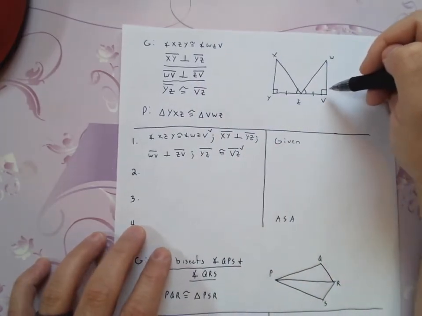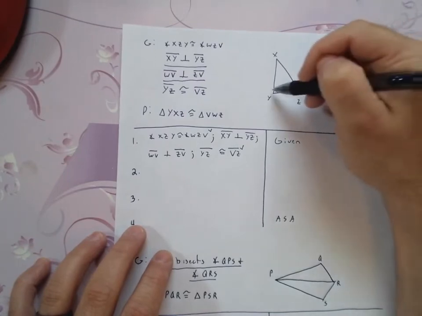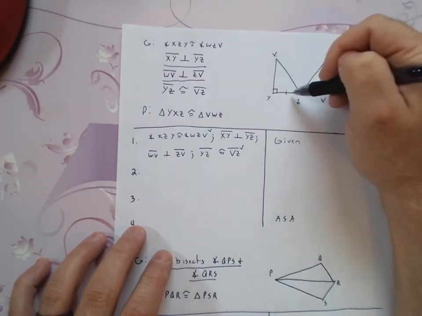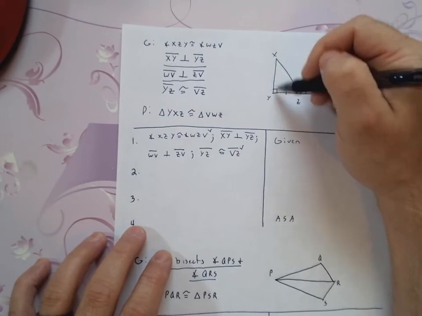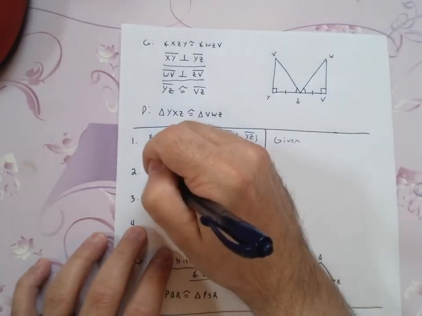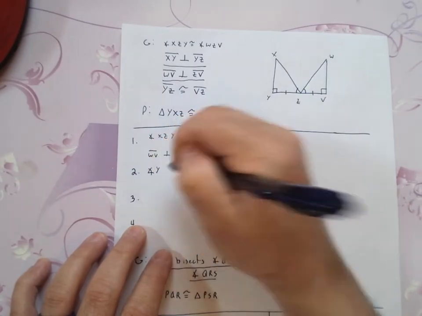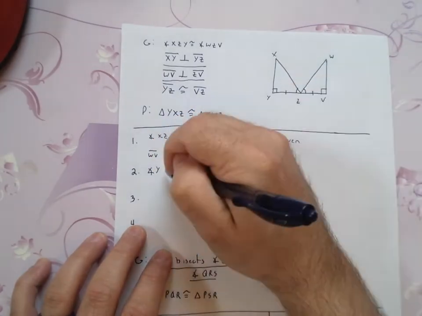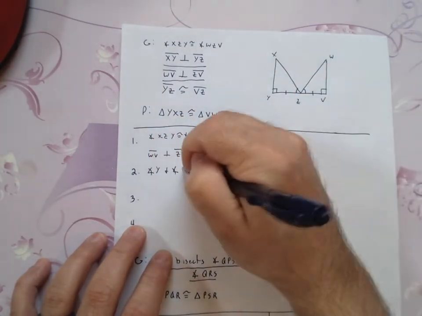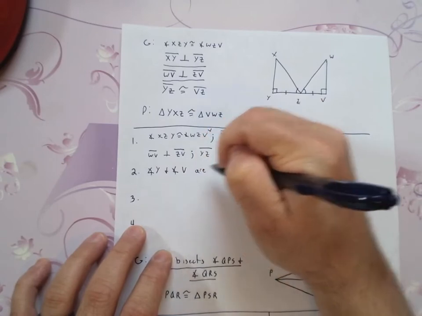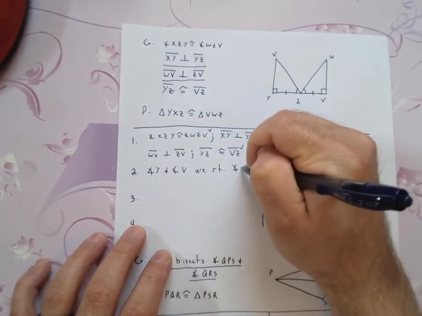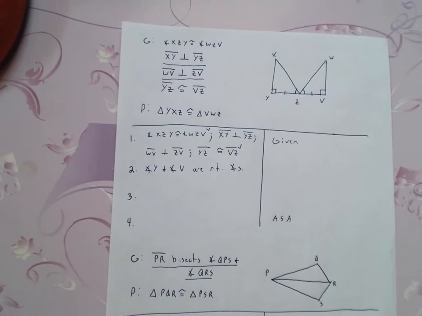The thing you need to understand is that when you have perpendicular lines, that means you also have right angles. So angle Y, and I can name it with one letter because there's only one angle Y there, and angle V are right angles, and you need to state that.